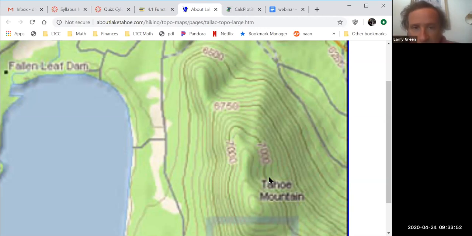Any questions on that? And what you typically do is you draw a bunch of representative topo curves. Any questions on that?